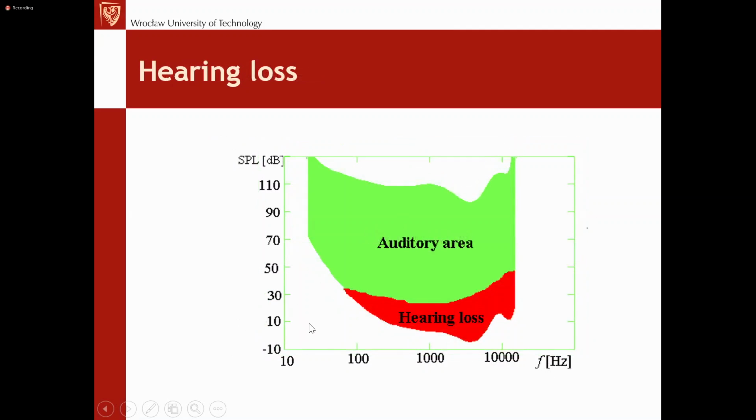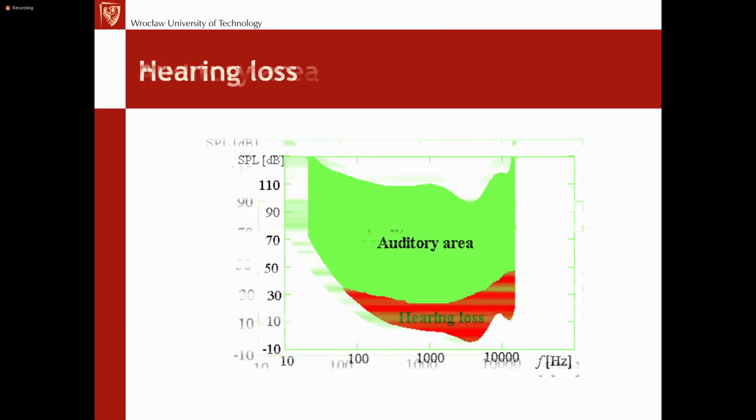And when we compare for some disabled people, we can find that the minimum sound pressure level causing the auditory sensation is, in this sample view, about 25 decibels. So the hearing threshold is higher comparing to normal hearing.